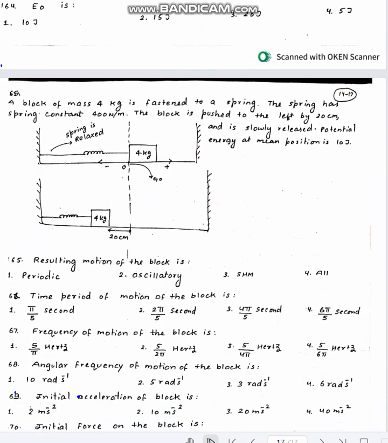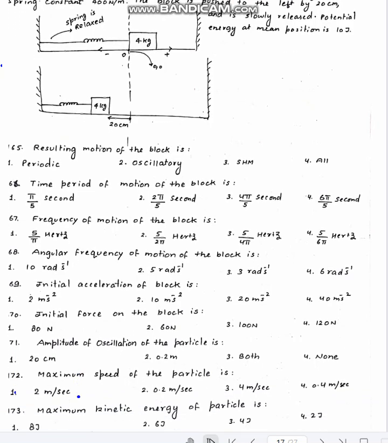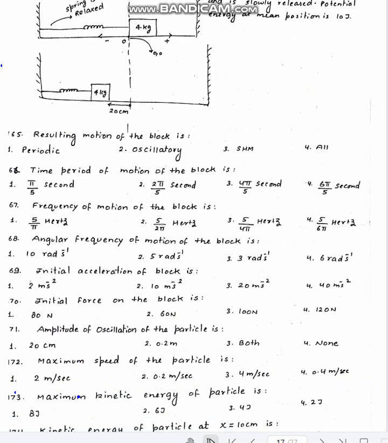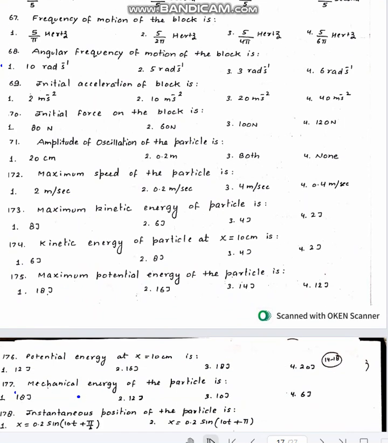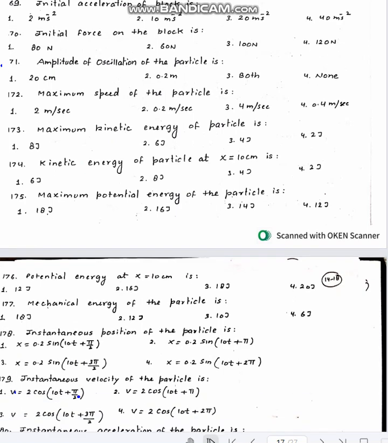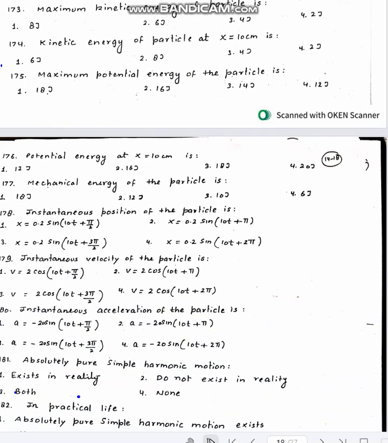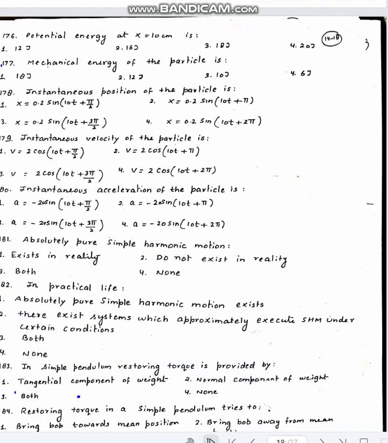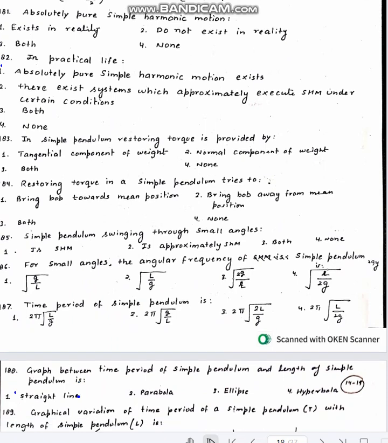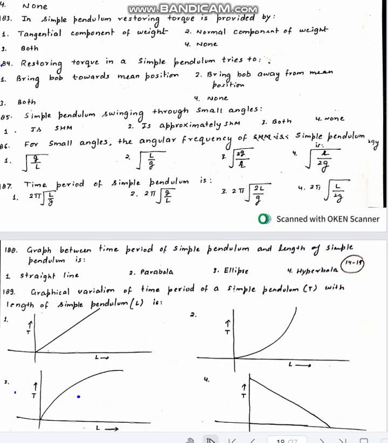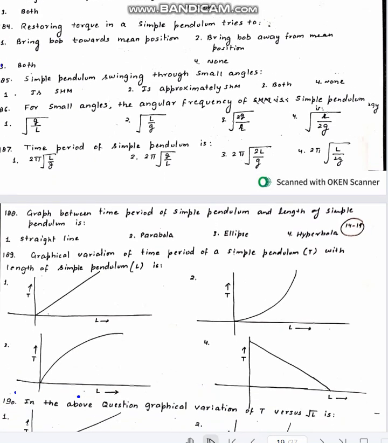Then we again have a spring mass system and we have to calculate the resulting motion, time period, frequency, angular frequency, initial acceleration, initial force, amplitude of oscillation, maximum speed, maximum kinetic energy at certain position, maximum potential energy at certain position, maximum energy of particle, then instantaneous position, instantaneous velocity, instantaneous acceleration, absolutely pure simple harmonic motion, practical life, simple pendulum restoring force.